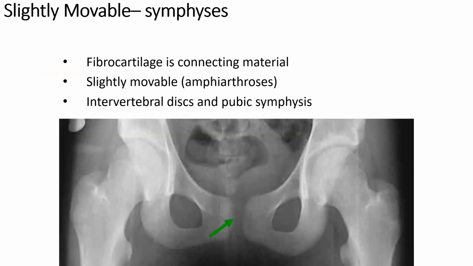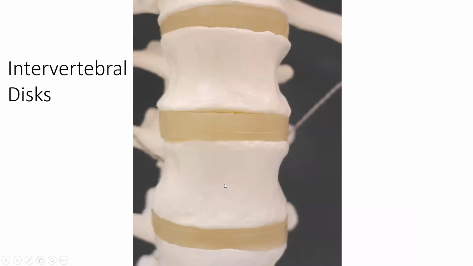Slightly movable fibrocartilage. The intervertebral disc, fibrocartilage, slightly movable, but it does give us that extreme flexibility we have as we transfer shock up our backbone, up our vertebrae, to be absorbed by these pads located here.